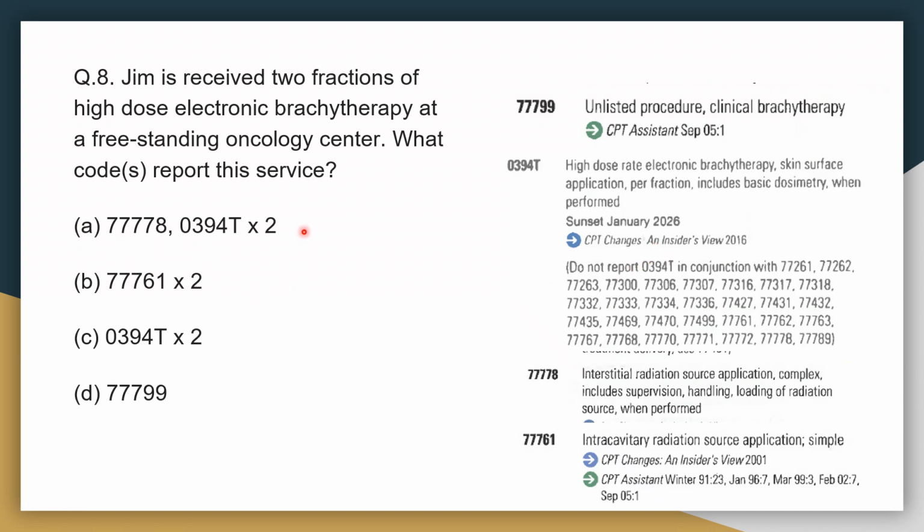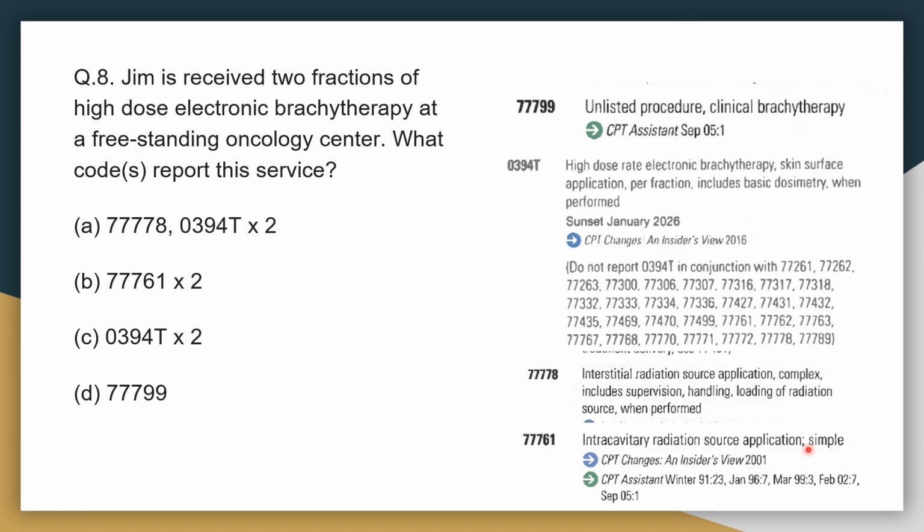So A is definitely not the option. Even 77761 is not the option, because this is for the intracavity radiation source application, and what we have done is electronic brachytherapy for the patient.